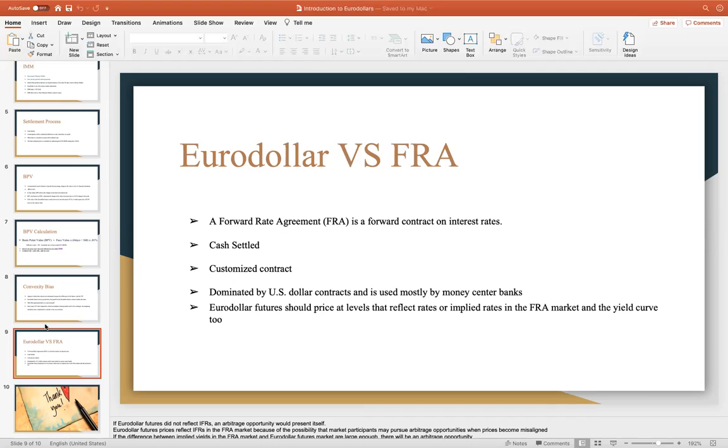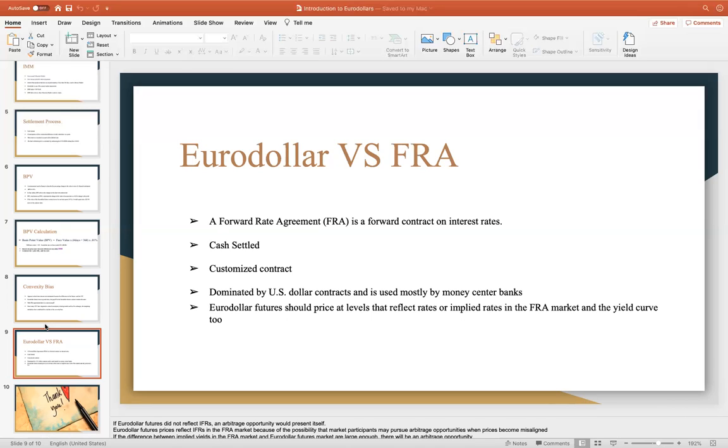But Eurodollar futures should price at levels that reflect the rates in the FRA market and the yield curve too. Let's say if Eurodollar futures did not reflect the rate of the FRA, there will be an arbitrage opportunity. But why should Eurodollar reflect the rates of the FRA?